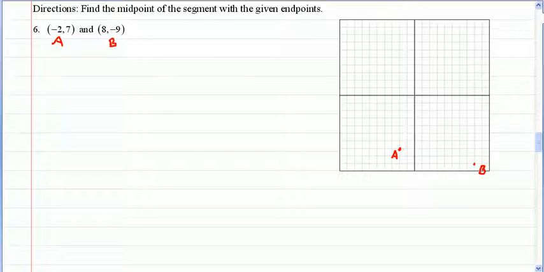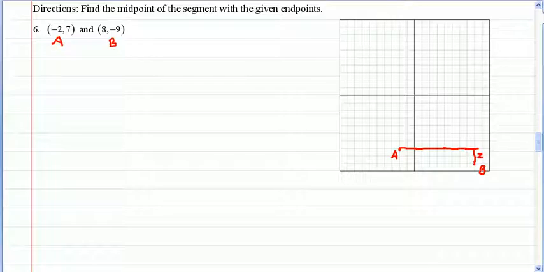So if I were to count the number of boxes going this way, I have 1, 2, 3, 4, 5, 6, 7, 8, 9, 10. And then the number of boxes going this way, I have 2.